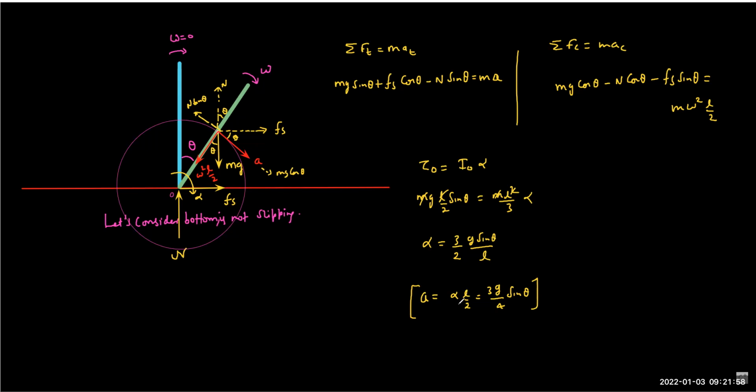Later on, when we learn the energy method, we can do this easily by the energy method. Whenever we have the angular velocity, we prefer the energy method instead of this. We'll see that part in the next part.